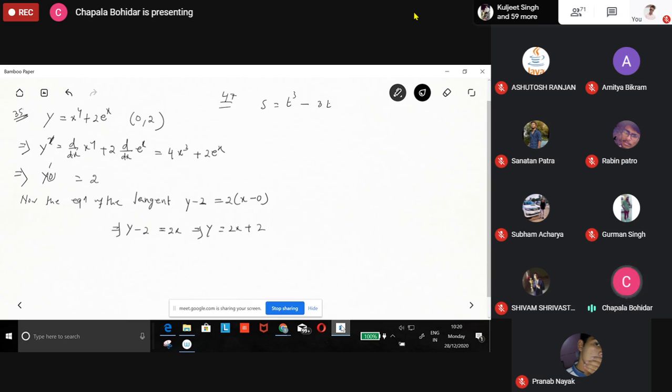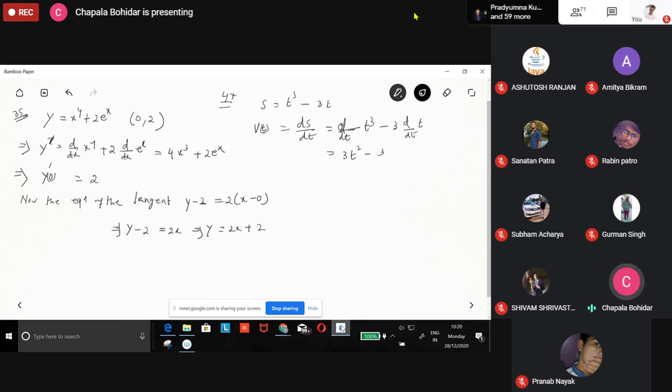So the velocity v(t) is equal to ds by dt, which is d by dt of t cubed minus 3 into d by dt of t. That is equal to 3t square minus 3. Okay. All of it clear?